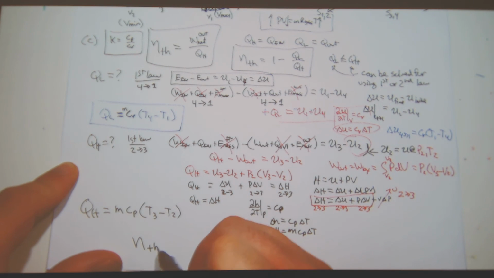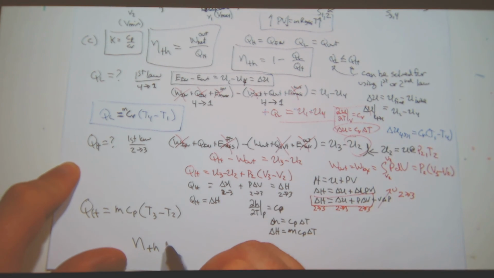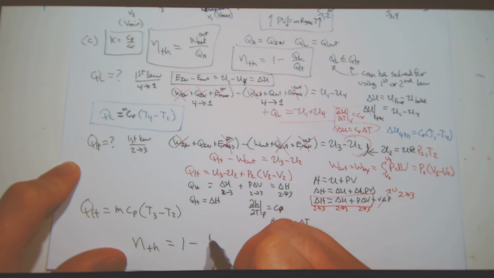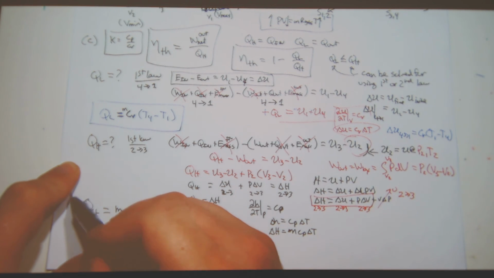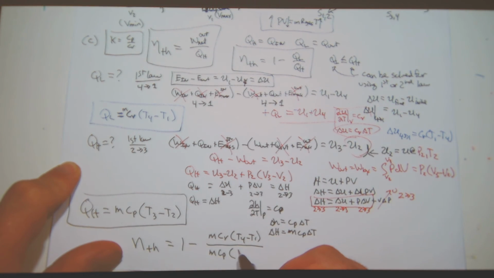So my thermal efficiency is going to equal 1 minus QL, mass Cv (T4 minus T1), over mass Cp (T3 minus T2).